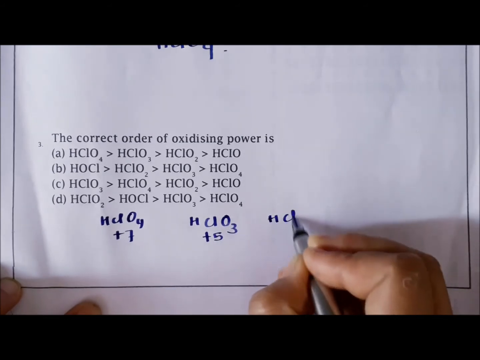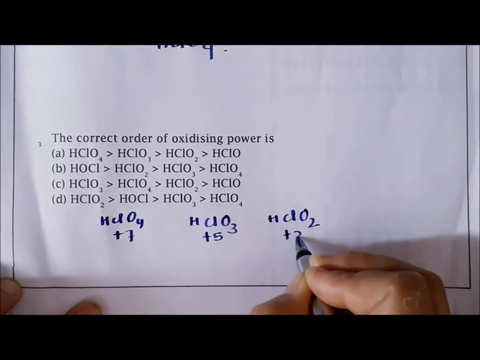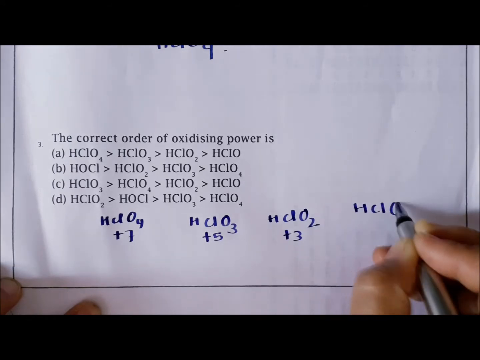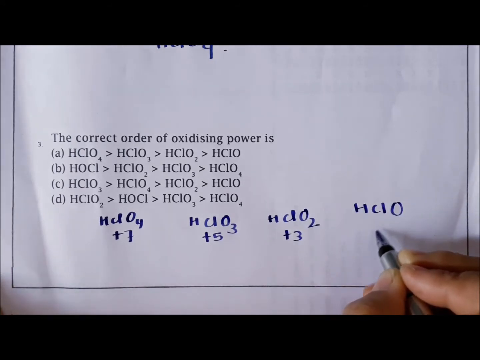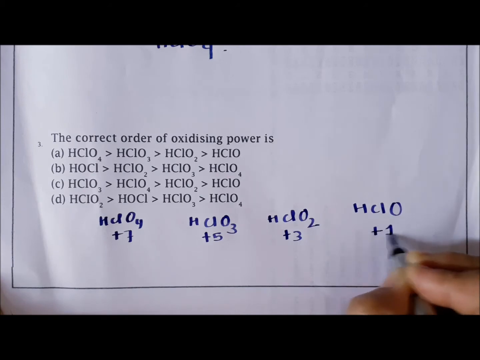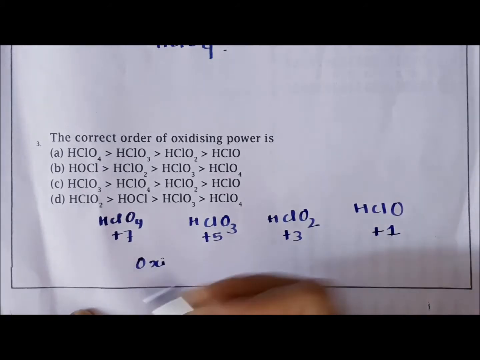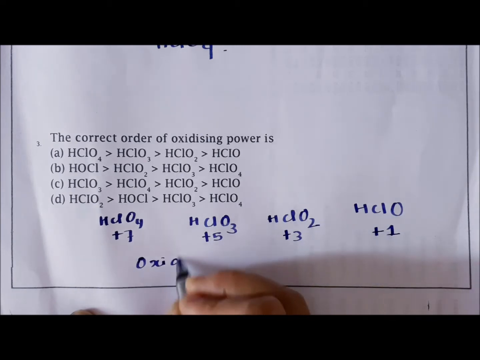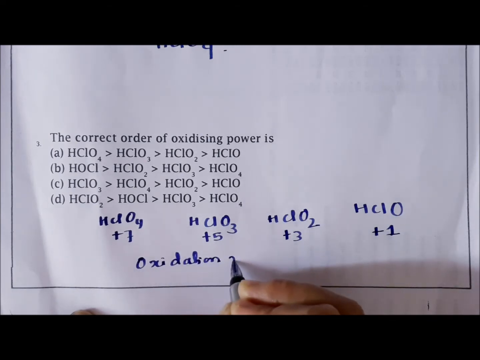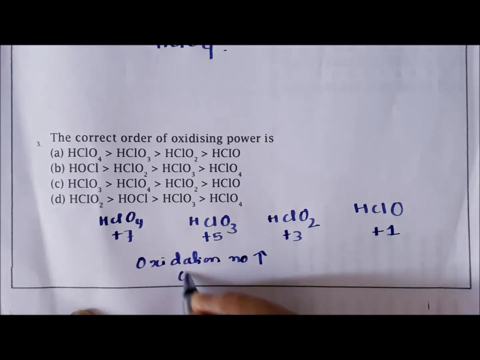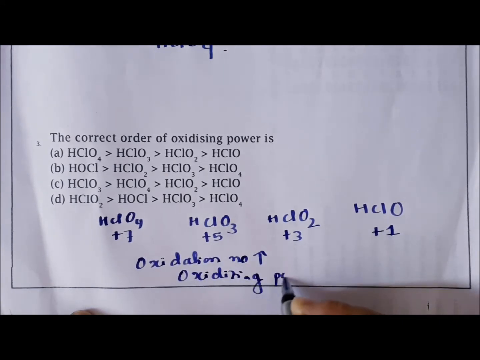Then HClO2 is +3, and HClO has oxidation number +1. Now oxidizing power here depends on the oxidation number. When the oxidation number increases, the oxidizing power decreases.